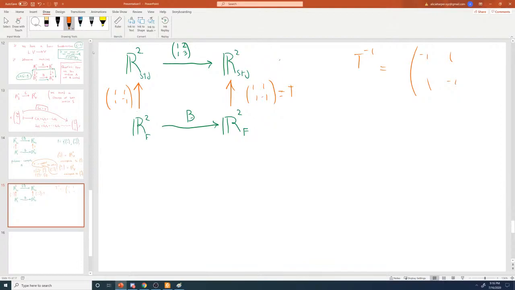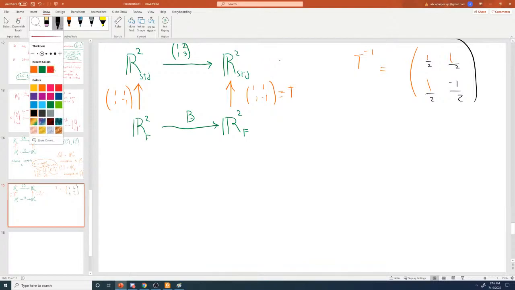Oh, okay. So here I should have negative 1, and then everything should be divided by 2. Now let me sanity check myself. If I multiply this by this, I get 0. This by this, I get 0. This by this, I get 1. This by this, I get 1. Okay, so I've correctly computed T inverse.